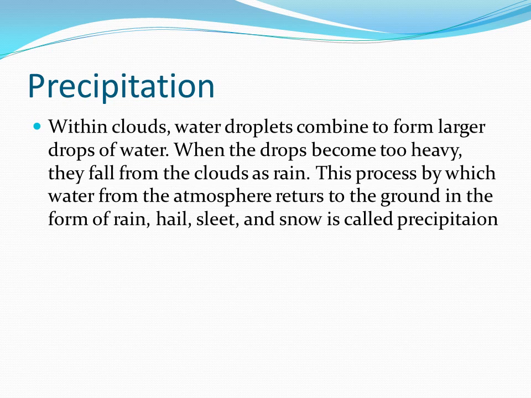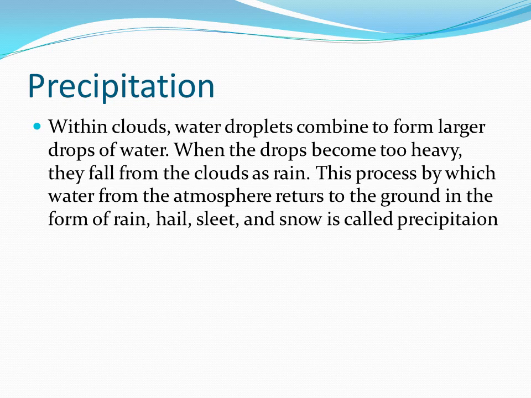It falls from the clouds in the form of rain. The process by which water from the atmosphere returns to the ground in the form of rain, hail, sleet or snow is called precipitation.